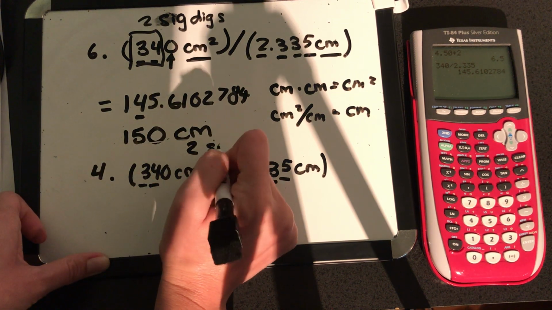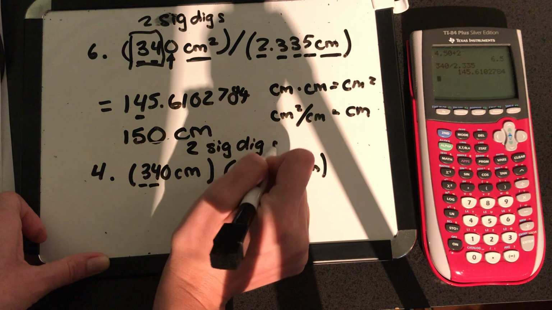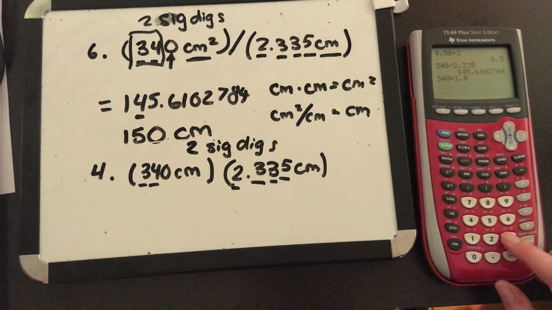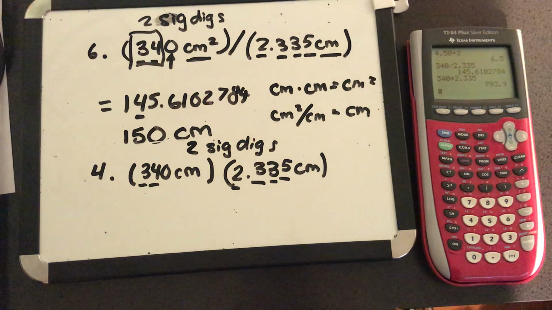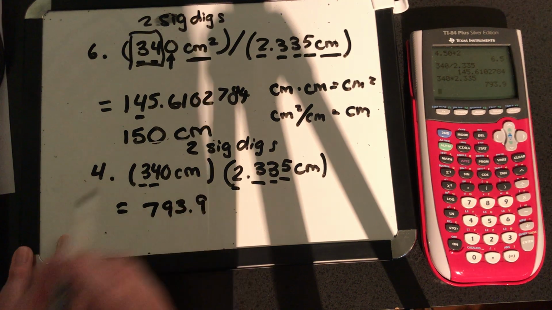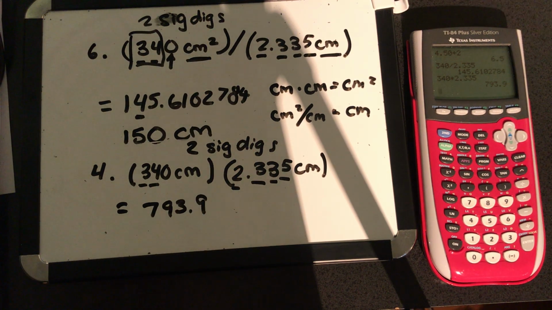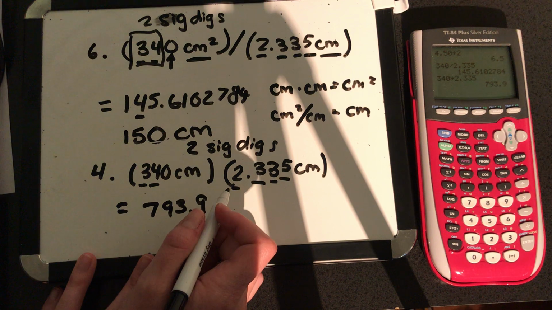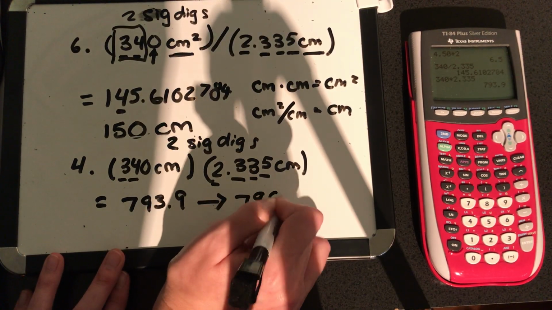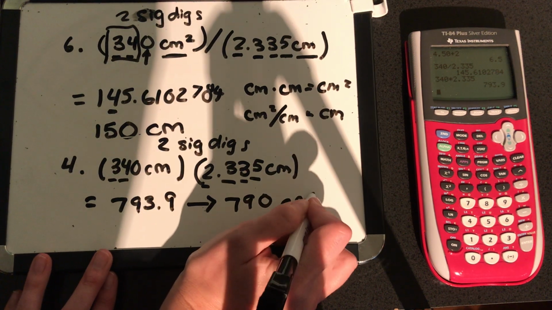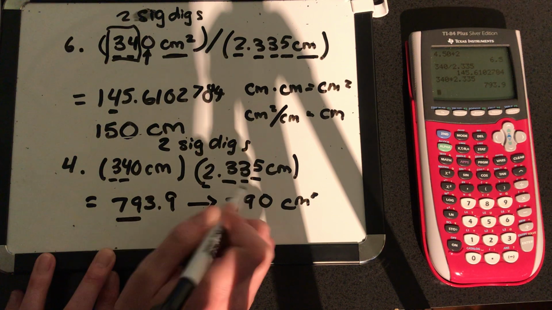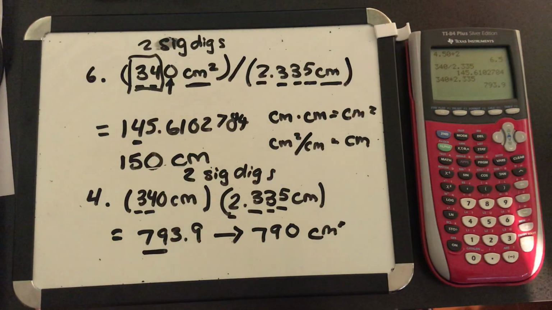So we're still going to use 2 sig digs in our answer. 340 times 2.335 is 793.9. So we want 2 sig digs. So our answer is going to be 790 centimeters squared. Because these are our 2 sig digs. 3 is small, so we're going to round that down to 790.